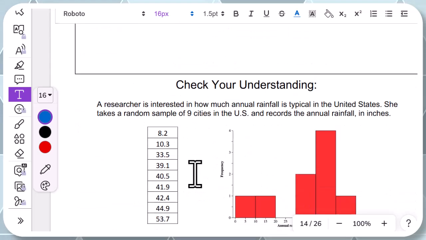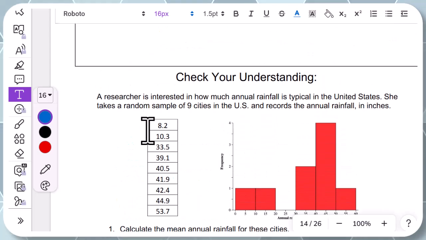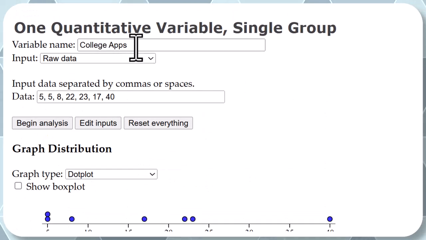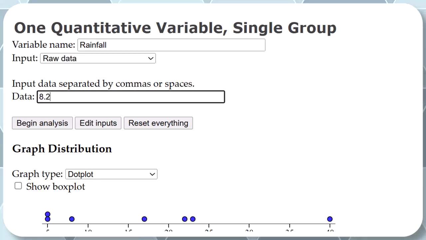All right, so now calculate the mean annual rainfall for these cities. If you put this data in your Statlet, I'll show you how to put the data in. This is rainfall. And here's the data points: 8.2, 10.3, 33.5, 39.